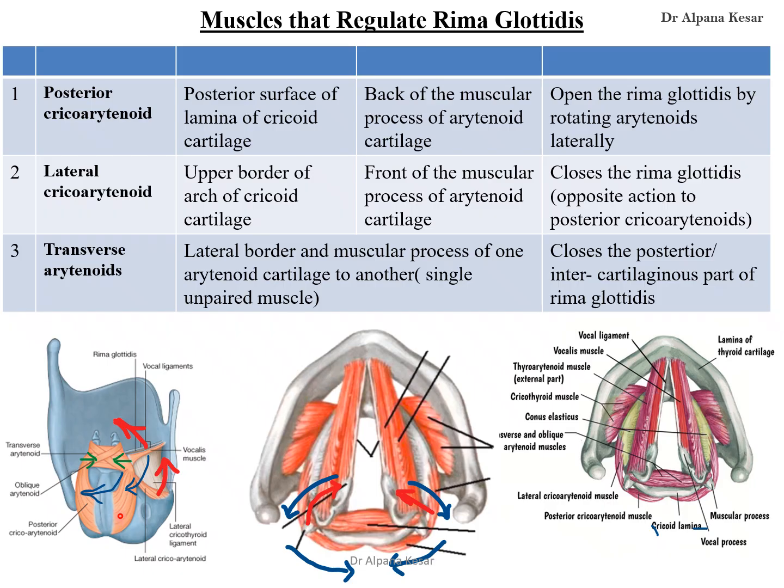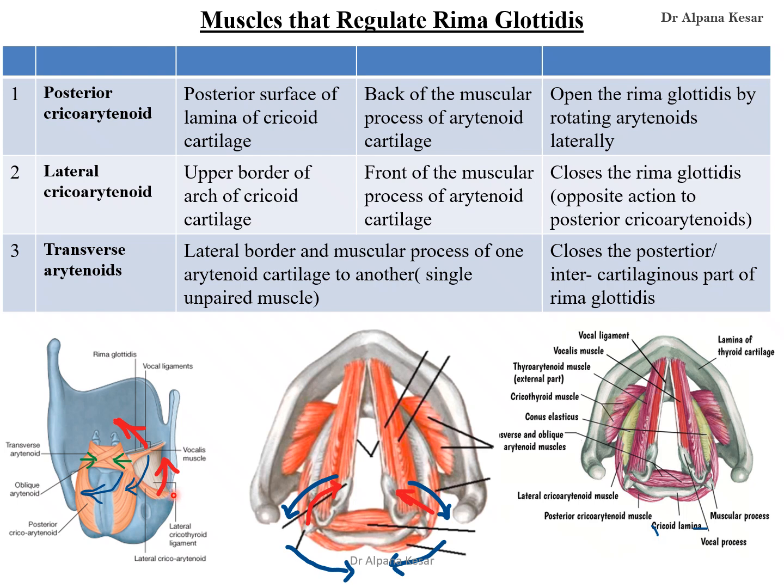The posterior cricoarytenoid takes origin from the posterior surface of the lamina of the cricoid cartilage and gets inserted on the posterior surface of the muscular process of the arytenoid cartilage.